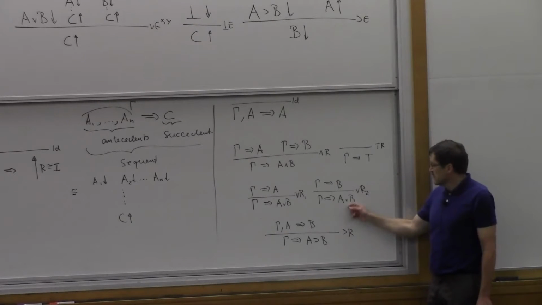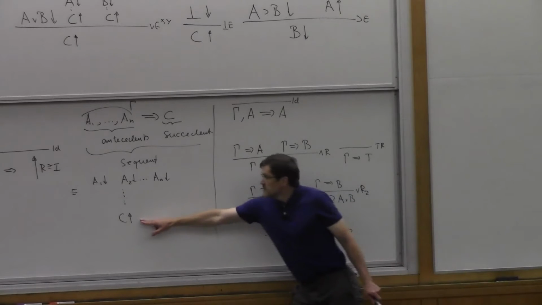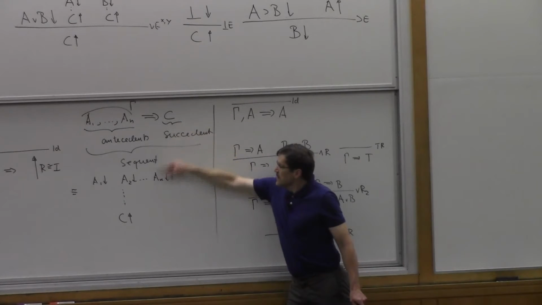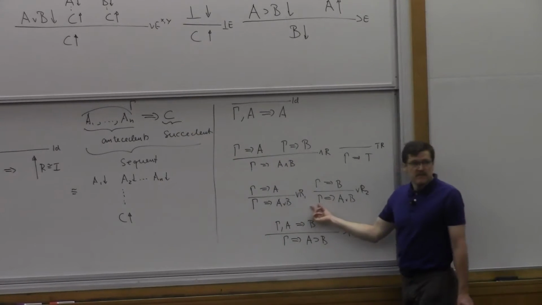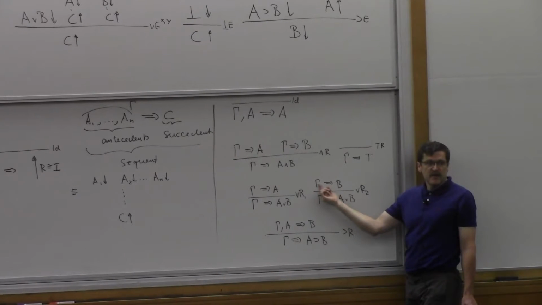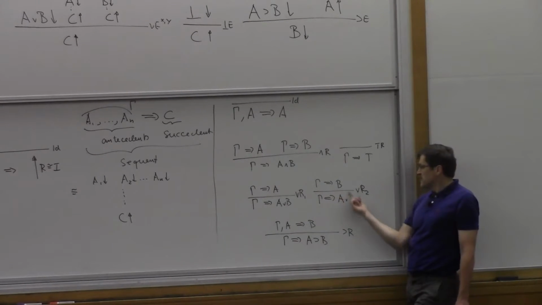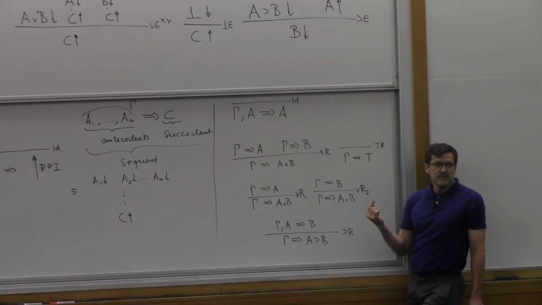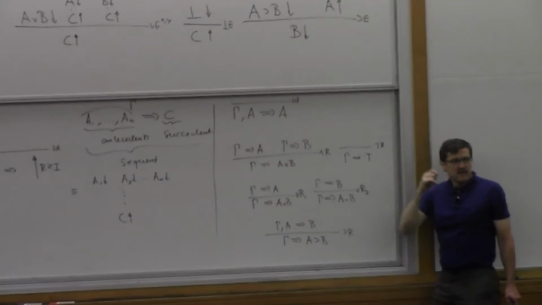This is what you're trying to show. The right-hand side is always the thing you're trying to show, and the left-hand side are the things that you know. So you don't lose anything. Everything that you know, you still know. And to prove A or B, you have to prove B. We always think about this as a proof search process as we're working our way upwards. Other questions?